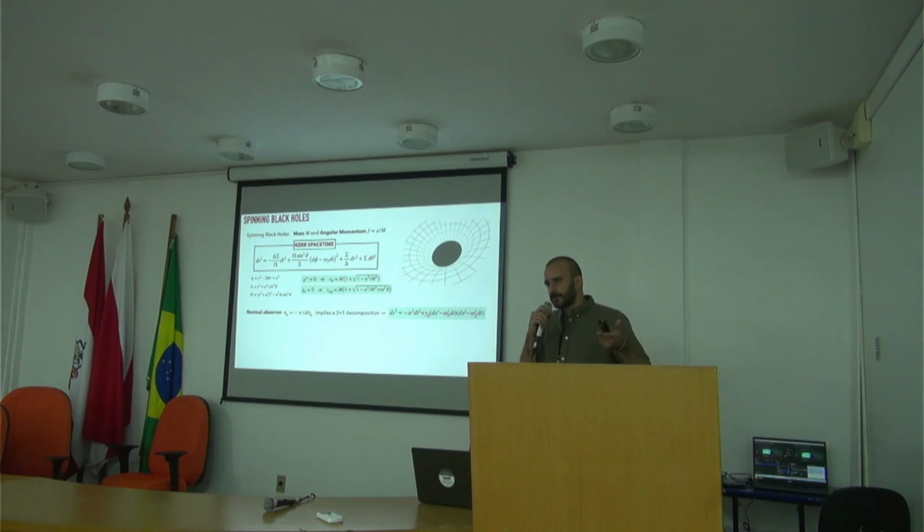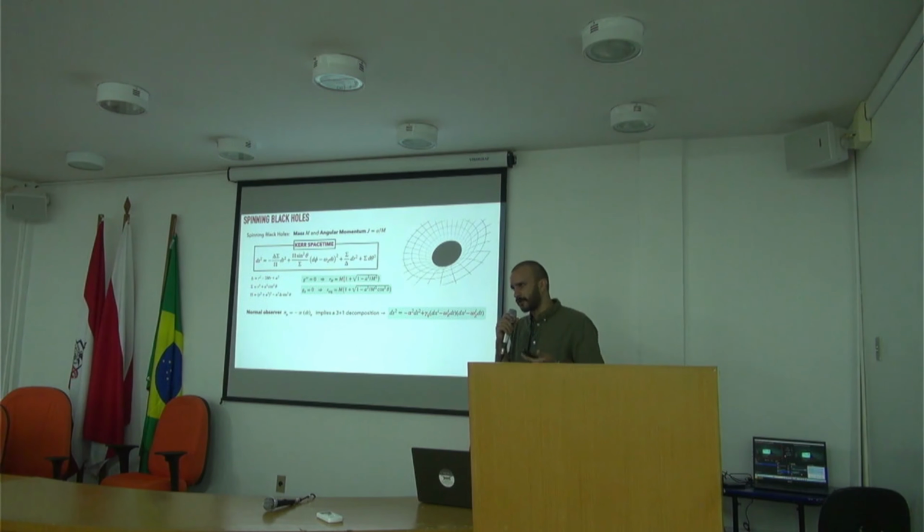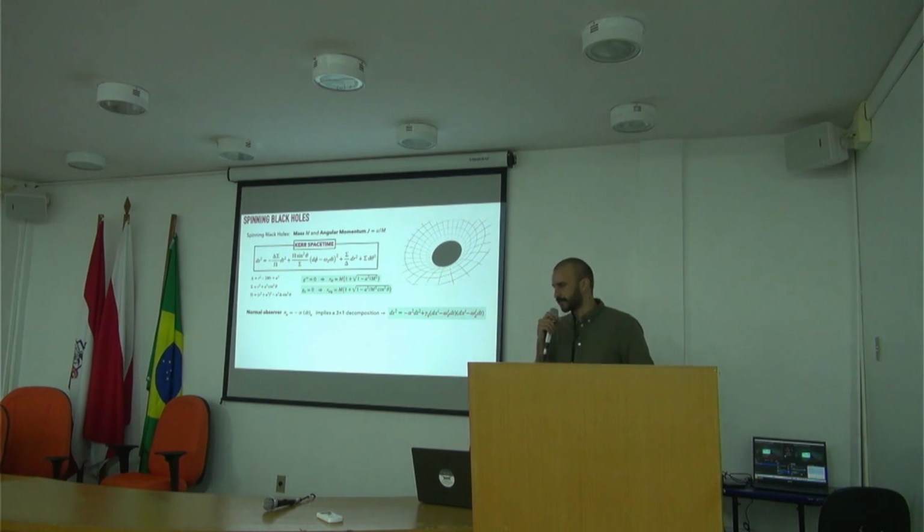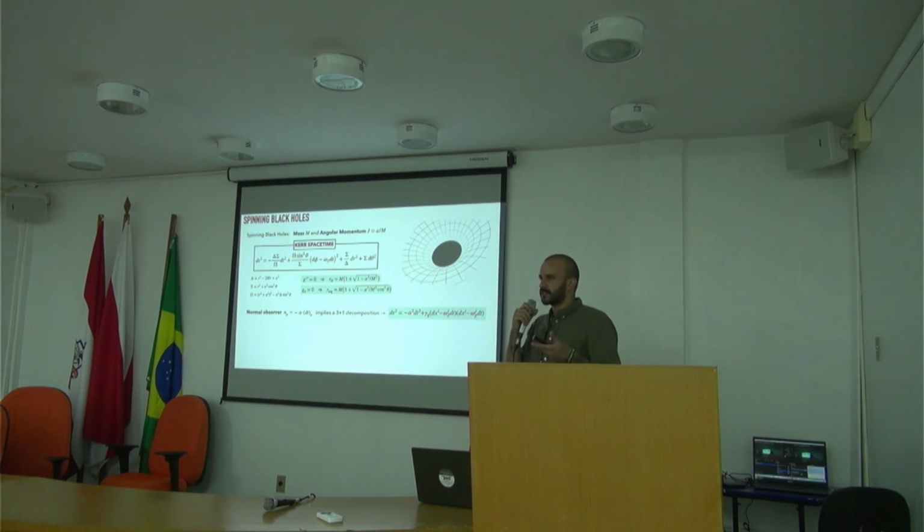In stationary and axisymmetric black holes like this, it is also often called the zero angular momentum observer. And using the perspective of the normal observer allows us to decompose the space-time into an absolute time and an absolute space as referred to this observer.